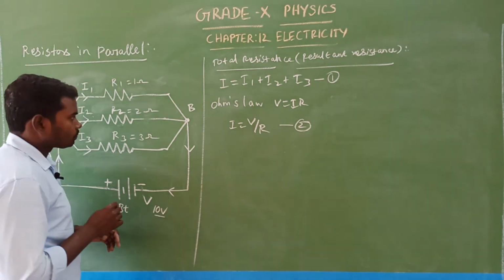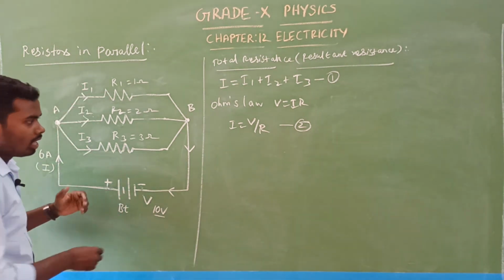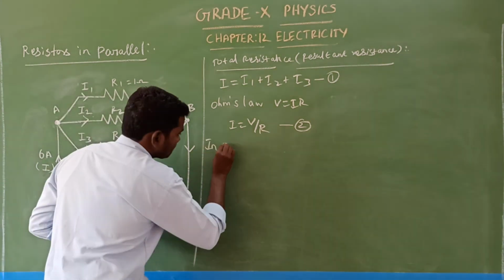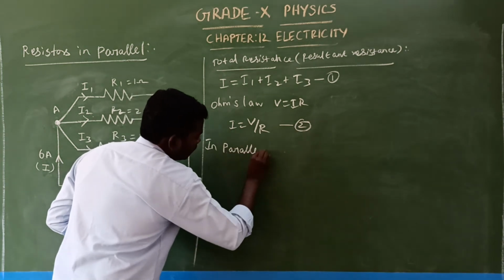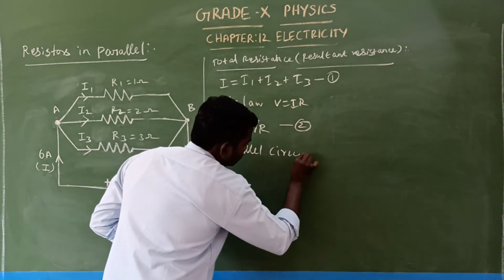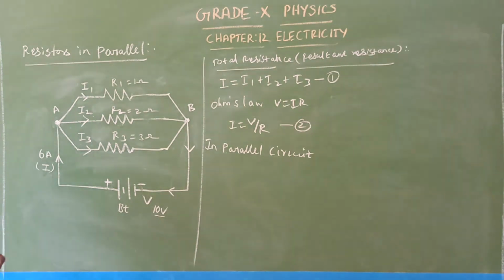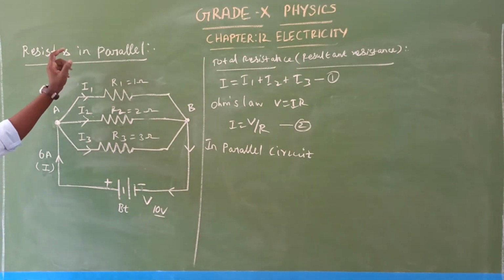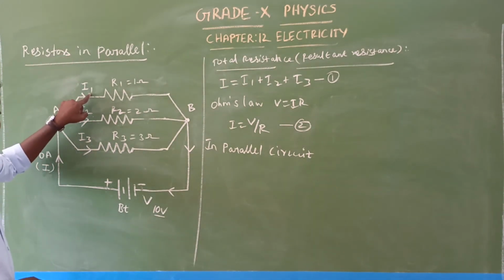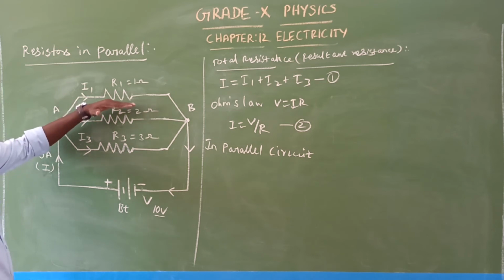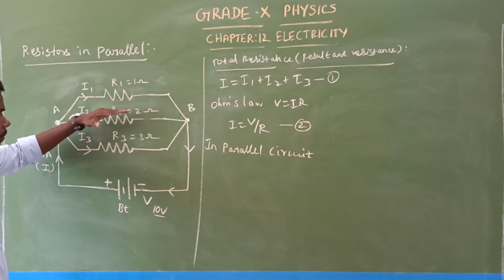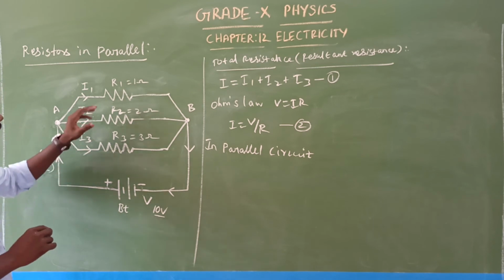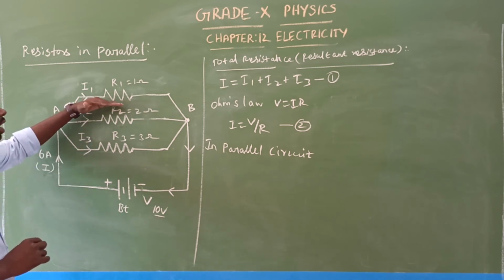Now come to this parallel combination. Look here, in a parallel circuit. This is I1. Consider a resistor R1. You leave the remaining two resistors and just consider the R1 resistor.